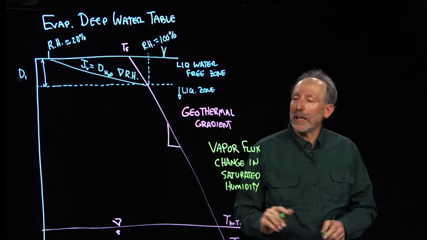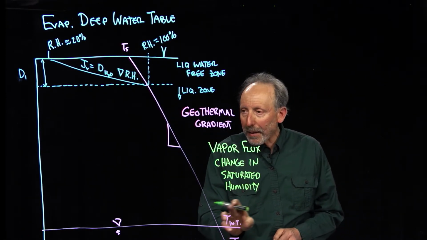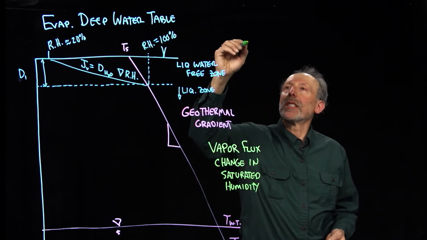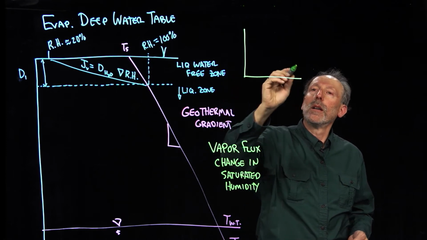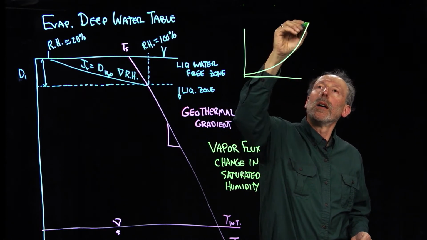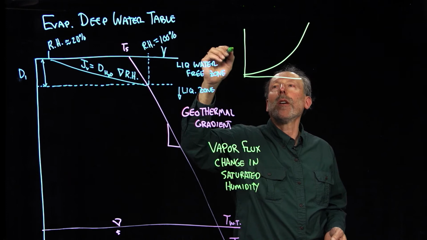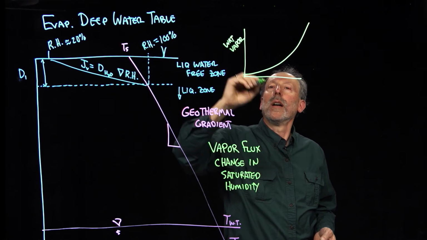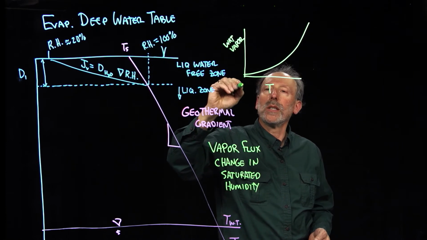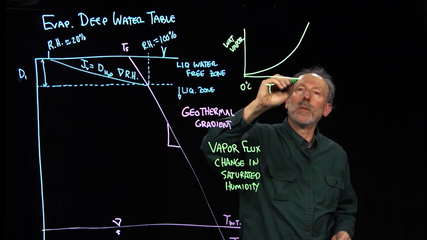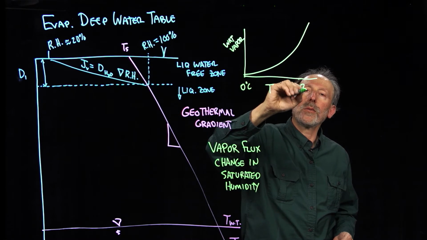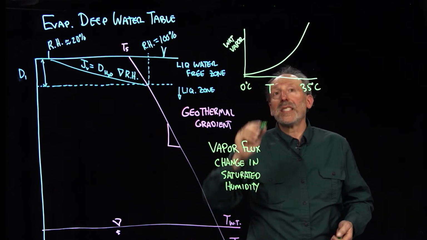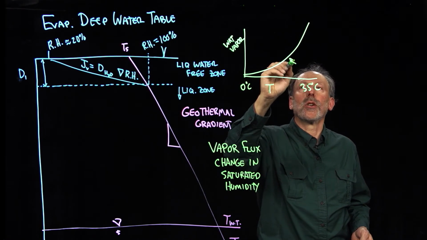The point is that when there's higher temperature, the air can hold more water. So there's what's called the psychrometric curve, which says the amount of water vapor as a function of temperature. So this would be 0 degrees C, and this would be, say, 35 degrees C. And what we see is that this is essentially an exponential curve.